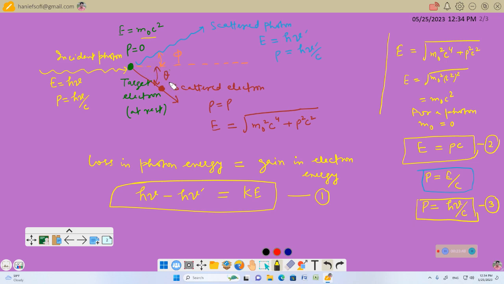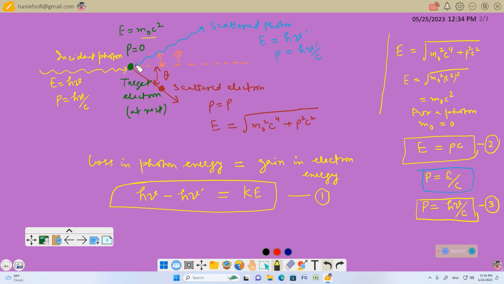But as you see from the figure, momentum is a vector quantity. When we say momentum is conserved, that means the momentum of the whole system before and after the scattering is the same.